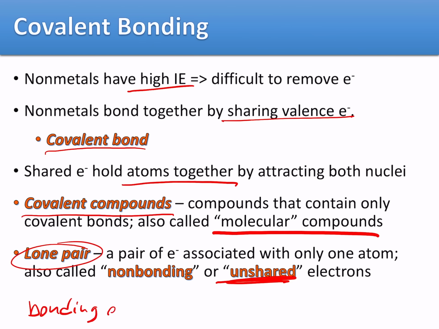Let's call these bonding electrons the electrons in a bond, and we are assuming it's a covalent bond for that matter. So we have bonding electrons and non-bonding electrons. The non-bonding electrons, those electrons not participating in a covalent bond, are what we call lone pairs.